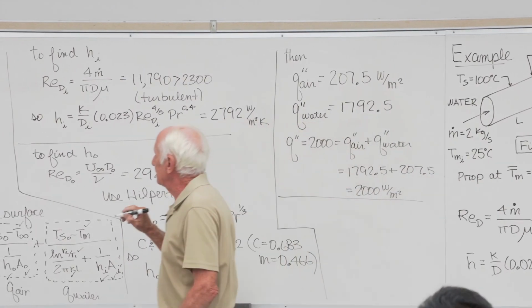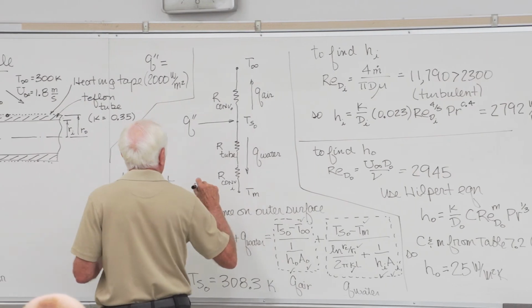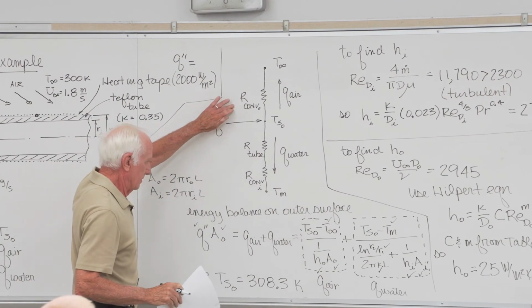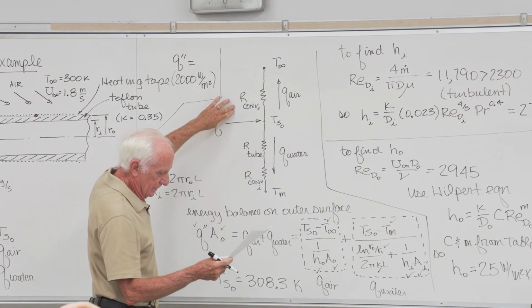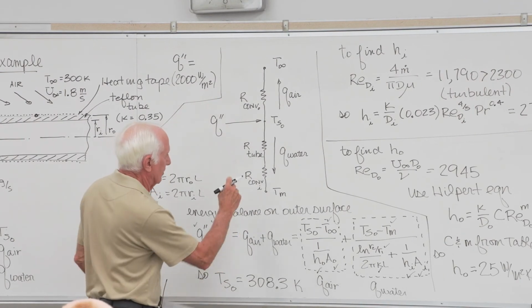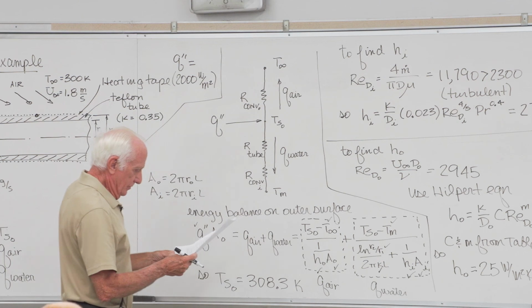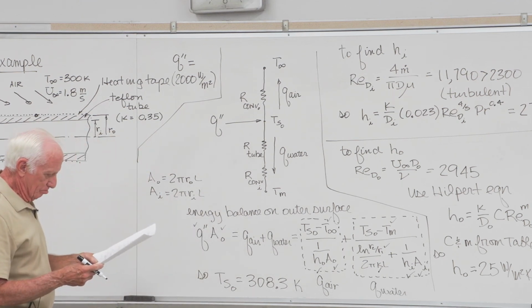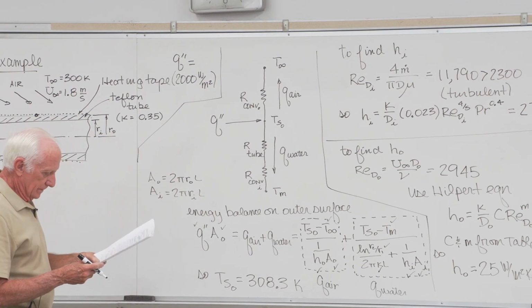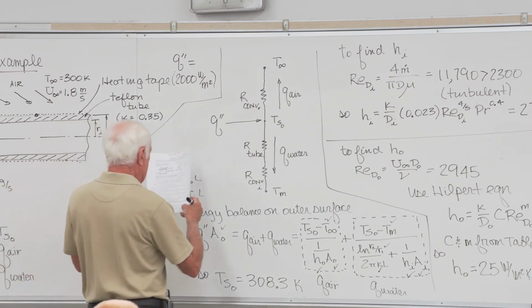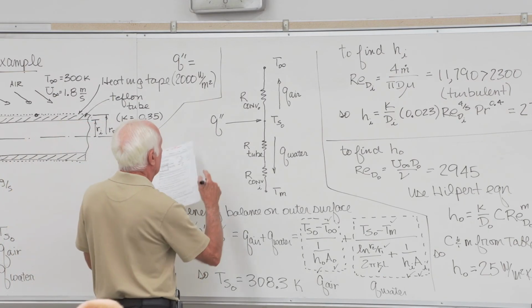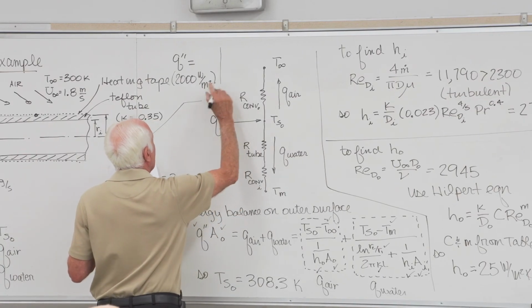If you want to look at these resistances, you can calculate them now. It's a double prime resistance. You could calculate these resistances. You'd find out that this is like 0.49 on the outside.